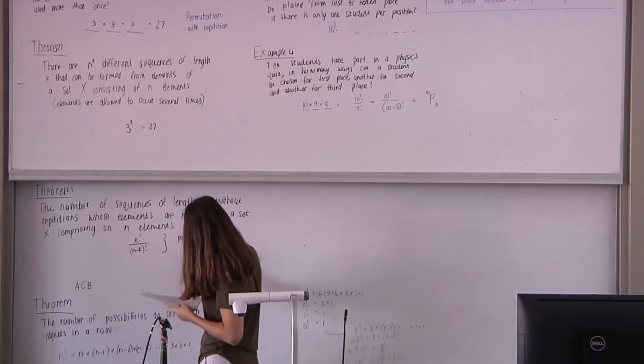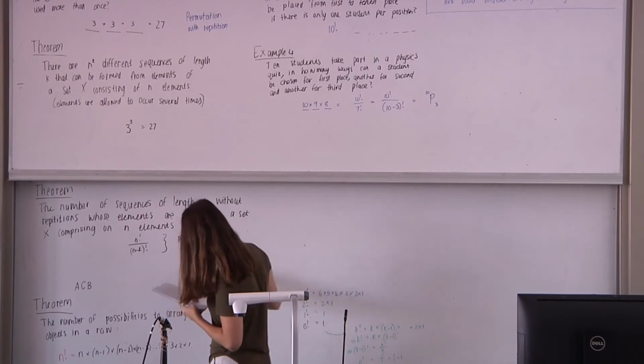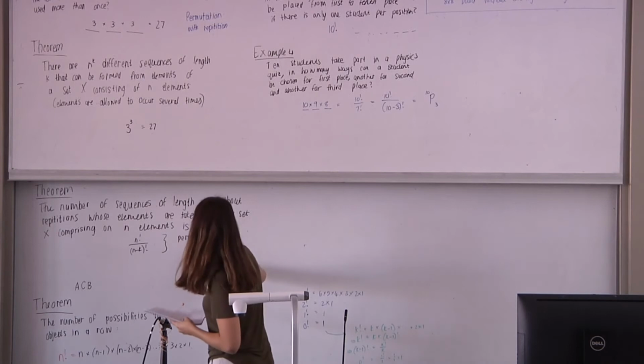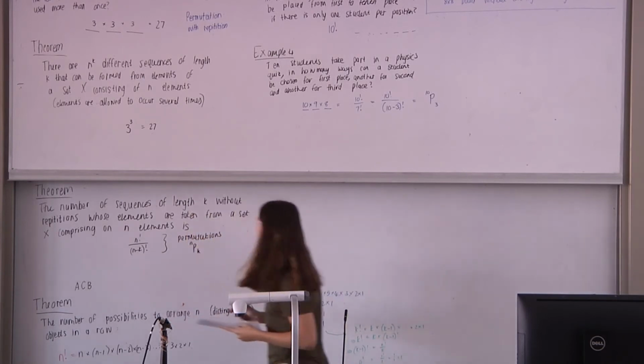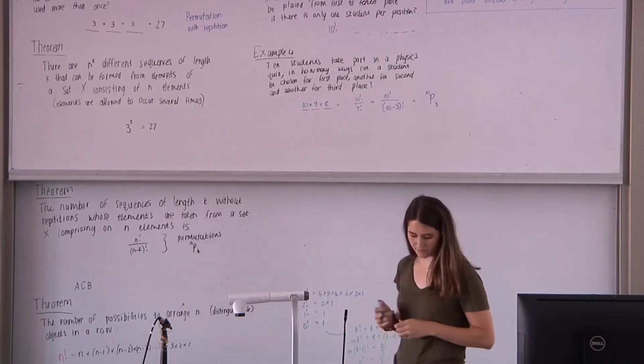We write it as n and then a P and k. There we go. There's a few other notations, but they basically all have a P in them.